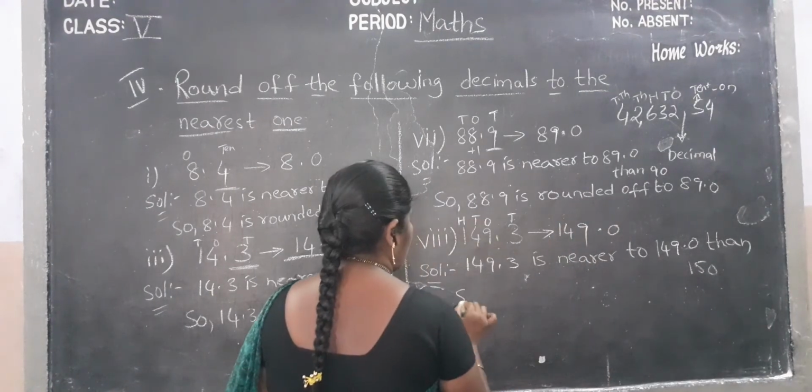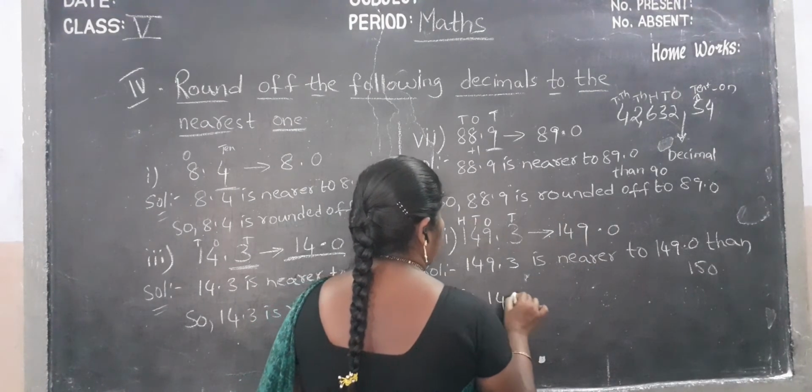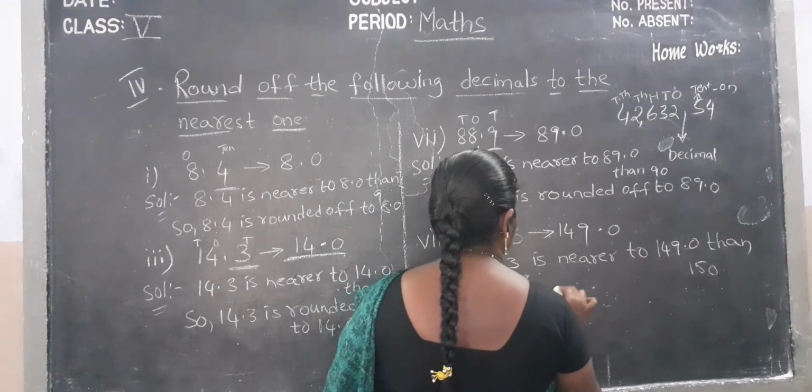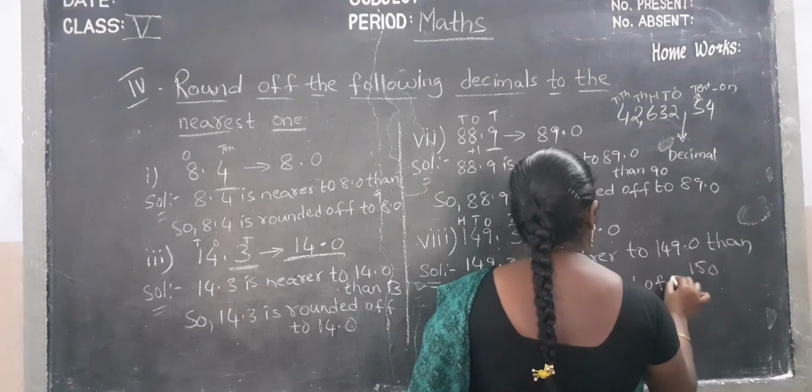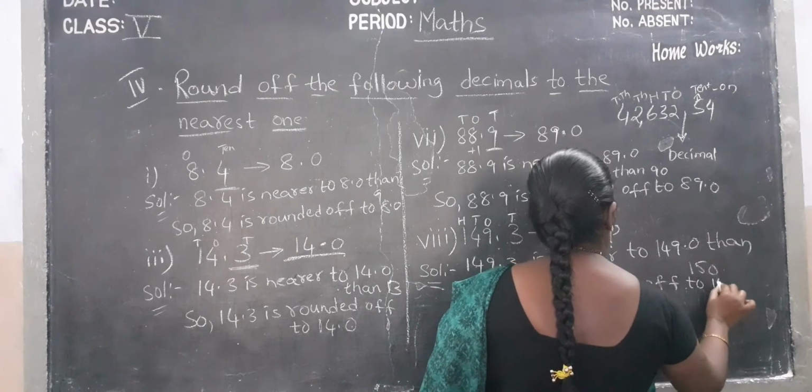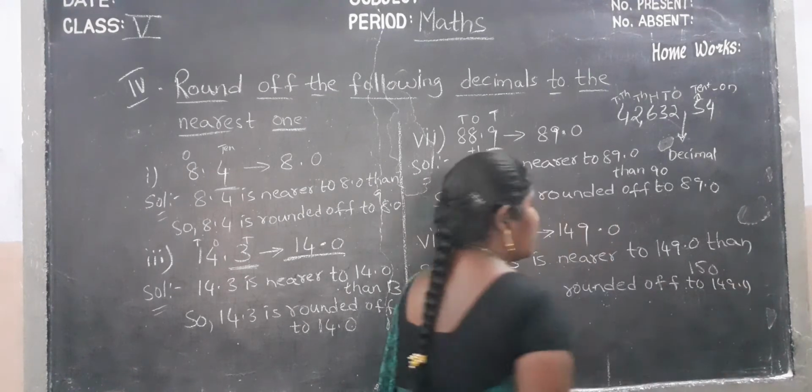Okay, children. So 149.3 is rounded off to 149.0. Okay, children.